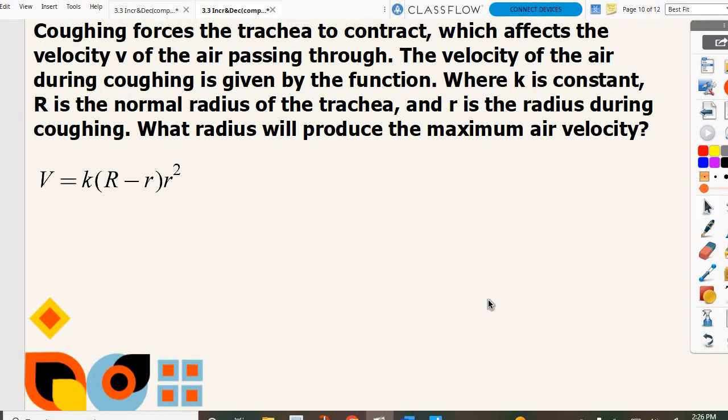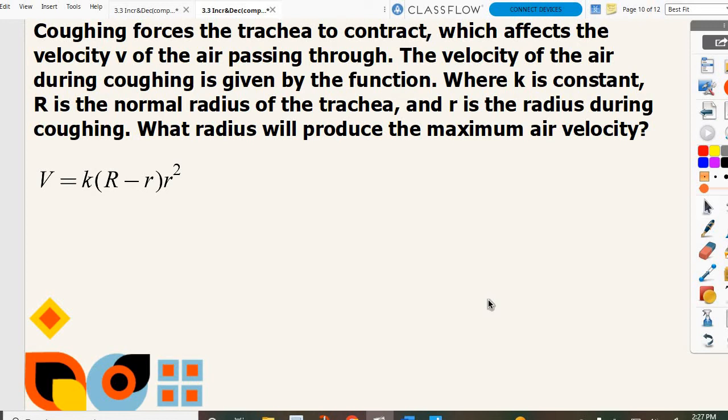where K is a constant, big R is the normal radius of the trachea, and little r is the radius during coughing. What radius will produce the maximum air velocity? Again, what is it asking us to find?